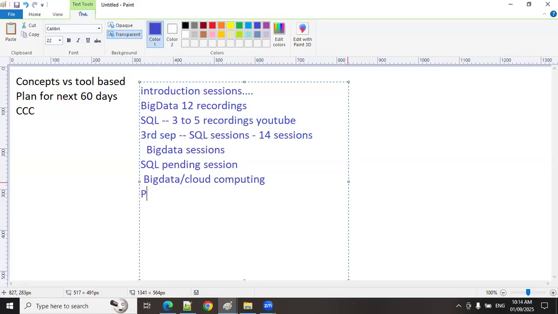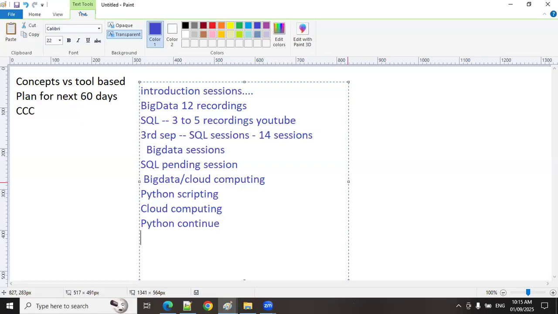After SQL, we will start Python scripting by Manjunath sir. In between Python, again I will take 1 to 2 cloud computing sessions, interruptions of 5, 6 classes, and then Python continues.